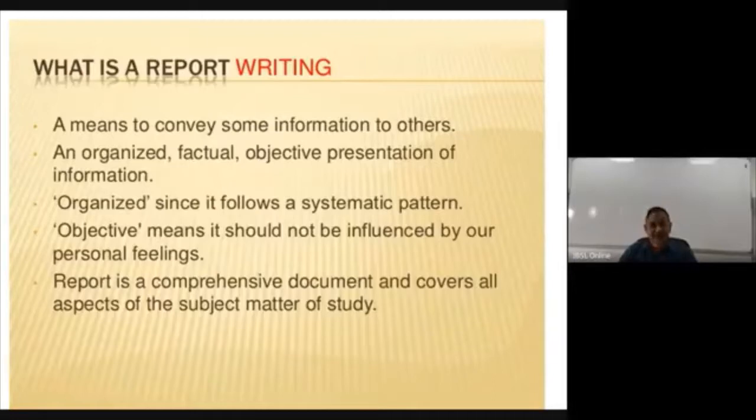Organizing means following a systematic pattern. What are the steps, one by one? Introduction, market, product, the competition, profitability. Likewise, this is organized with subheadings.